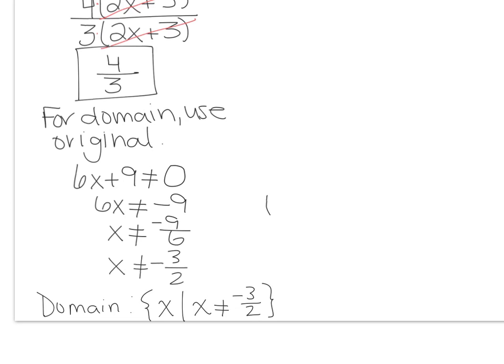So what that's saying is that in the set of real numbers, anything will work but -3/2. Therefore, I can plug in any other x value and it will work in that rational expression. It will be defined. Whereas if I plug in -3/2, I'll be dividing by 0, and as we know from last chapter, that is not allowed.